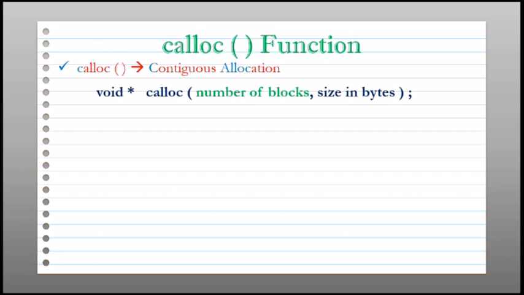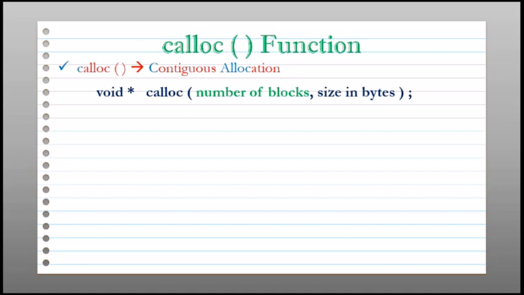Here size means how many bytes of each block we want to allocate in memory. Calloc is the name of the function and the return type is a void pointer, which returns the address of the first byte of the first block.